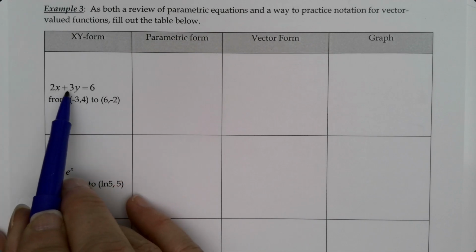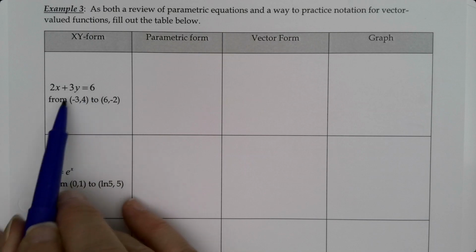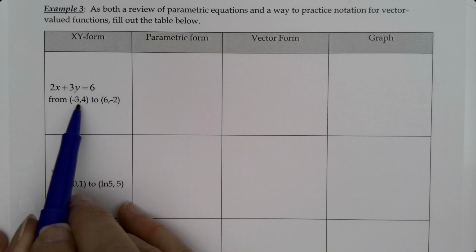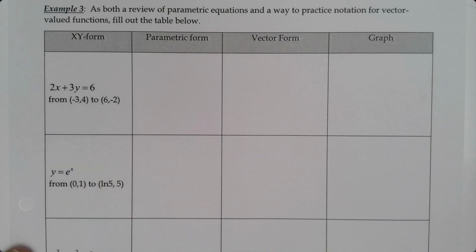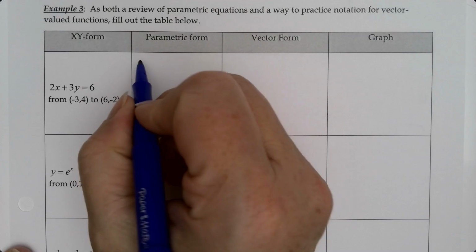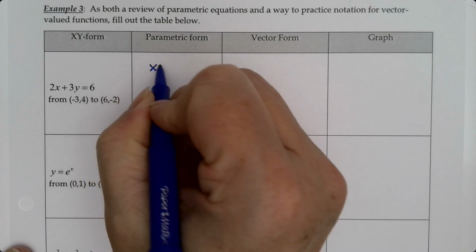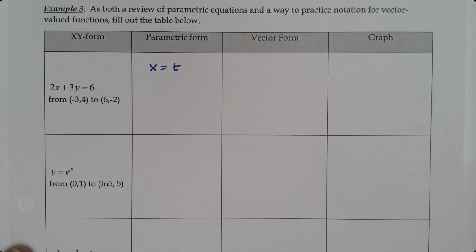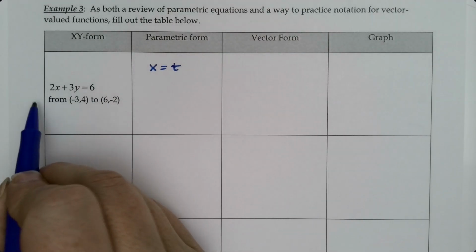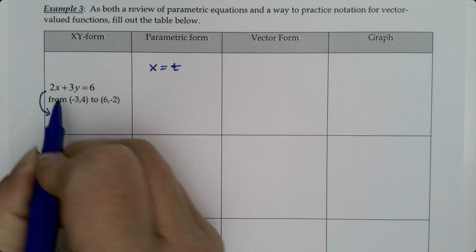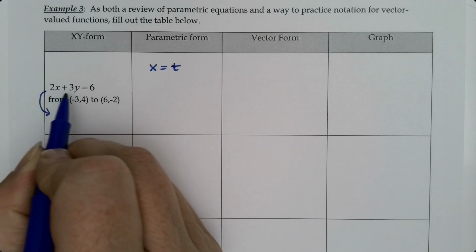2x plus 3y equals 6 from (-3, 4) to (6, -2). Okay, so again, the easiest way to do these is to let x be t. But if you're going to do that, you have to solve the equation for y in terms of x.